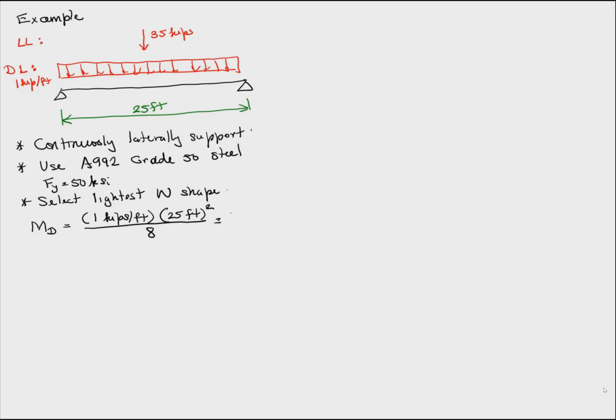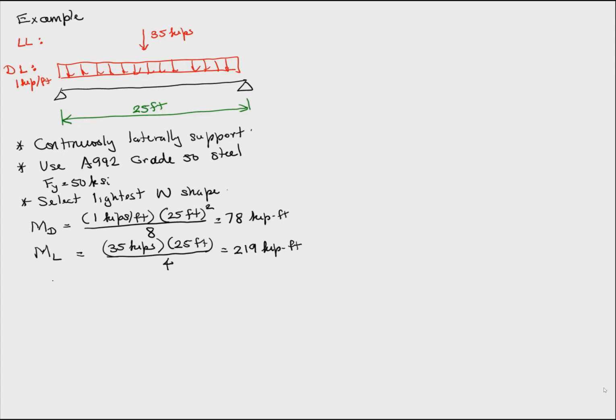That's equal to 78 kip feet. The bending moment due to live load is 35 kips times 25 feet divided by 4. PL over 4. That works out to be 219 kip feet.